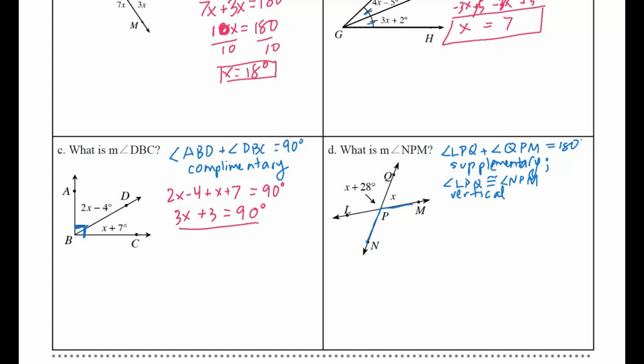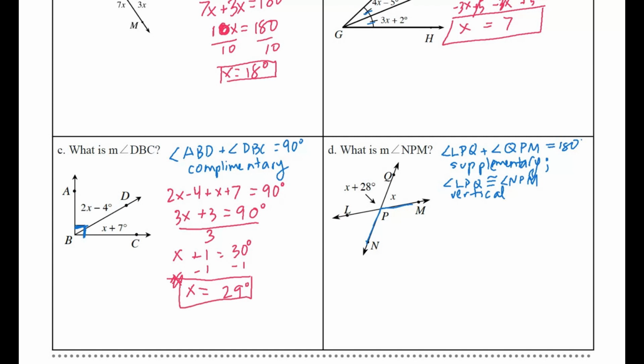I want to divide everything by 3. I think that'll make it easier for me. I have x plus 1 is equal to 30 degrees, and x, subtract 1 from both sides, getting me x is 29 degrees.